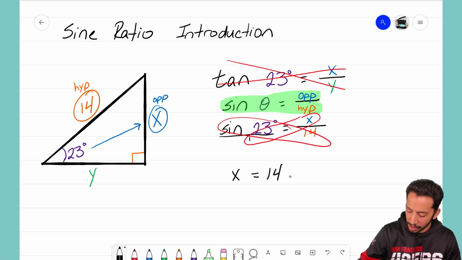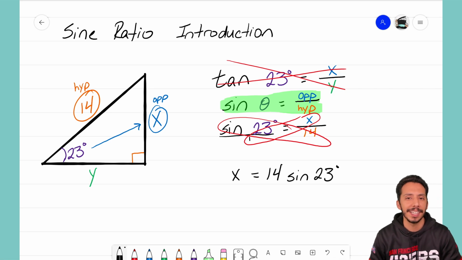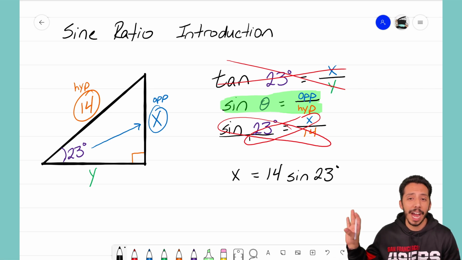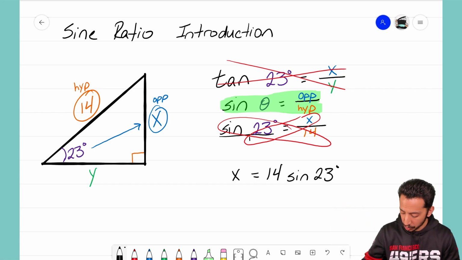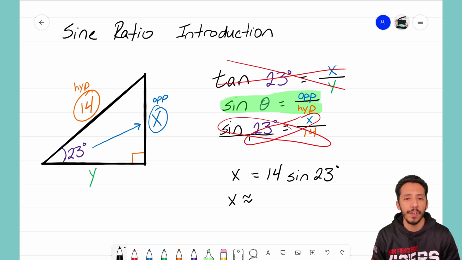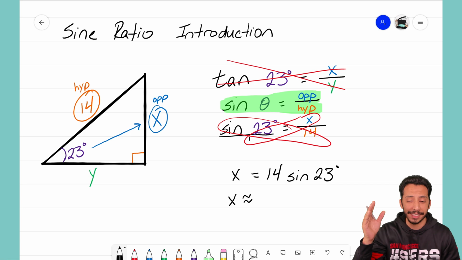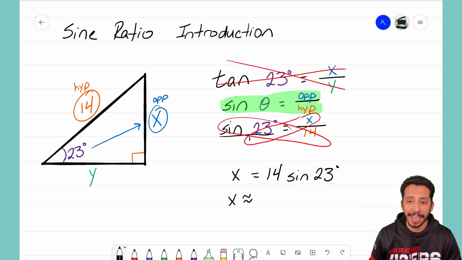That right there is what I want to enter into my calculator. I'm going to enter that whole expression, 14 sine 23, and I will get a nice approximation for the value of x.